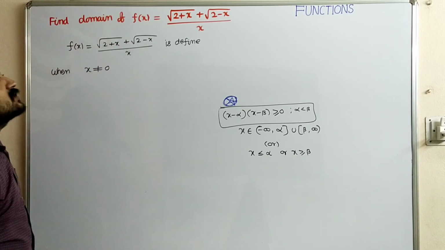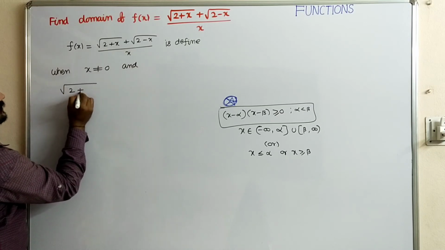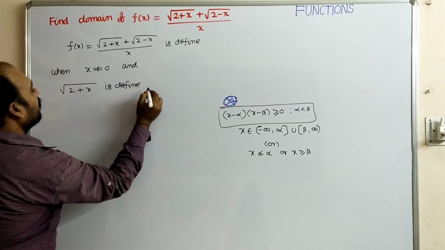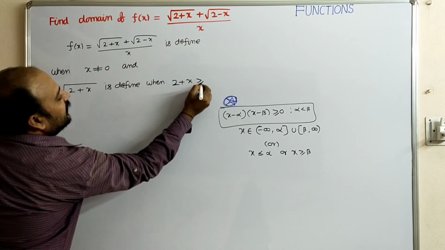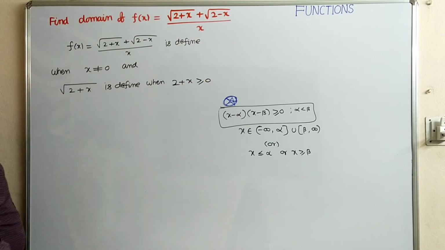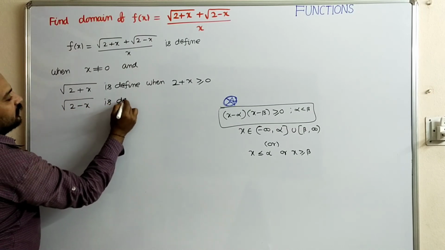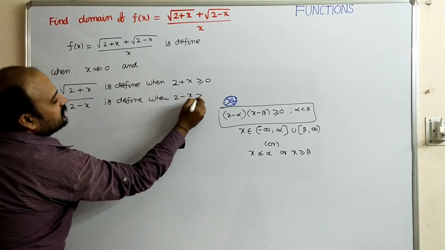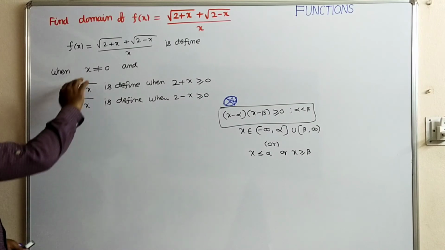The sum of two functions is there, and square root of 2 plus x is defined when 2 plus x is greater than or equal to 0, and square root of 2 minus x is defined when 2 minus x is greater than or equal to 0. These are the things. X is not equal to 0.